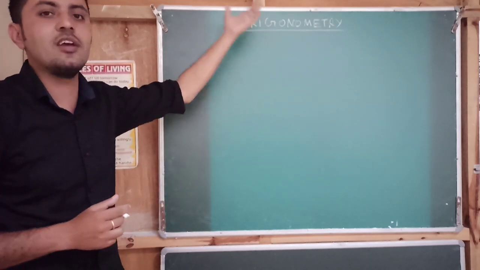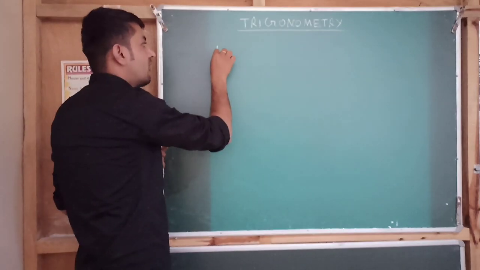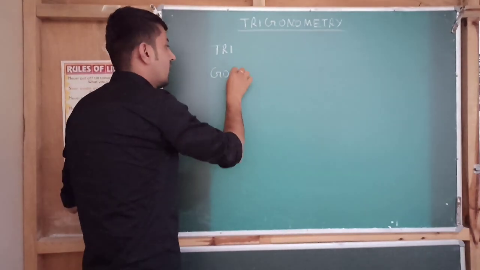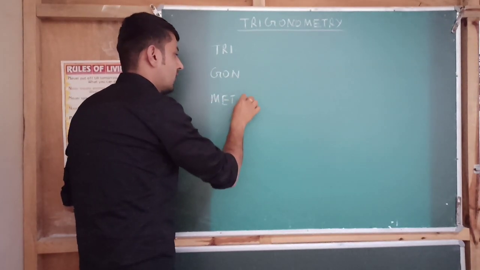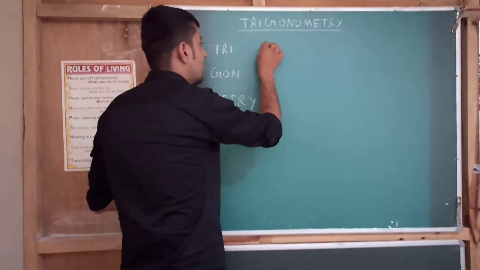This word trigonometry is derived from the Greek language. So tri means 3.